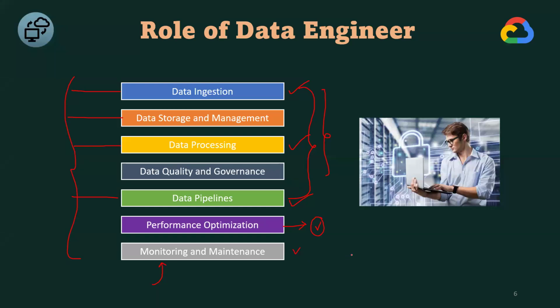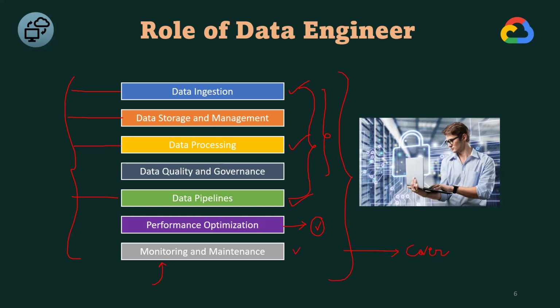But in our upcoming sessions, we are going to cover all of these aspects, because we are not becoming a data engineer just for data ingestion. We are not becoming a data engineer just for data processing. We are going to become a full-fledged data engineer. If you get a chance to work on all the areas, you are very lucky, because you are going to know the end-to-end process of data engineering.